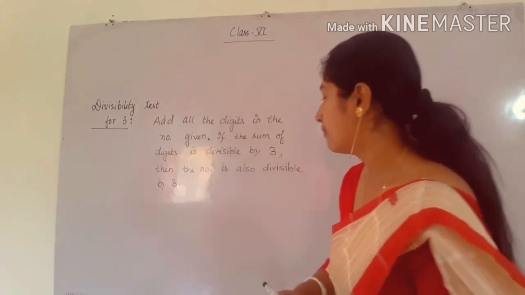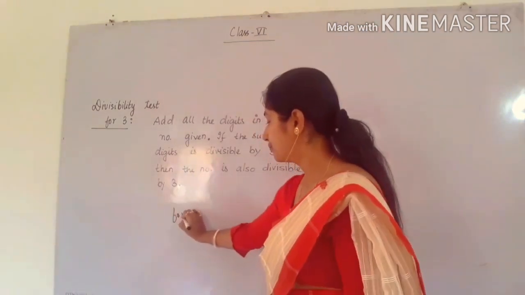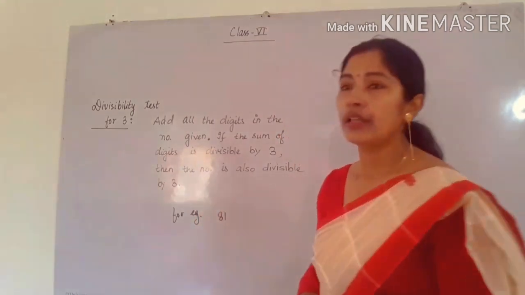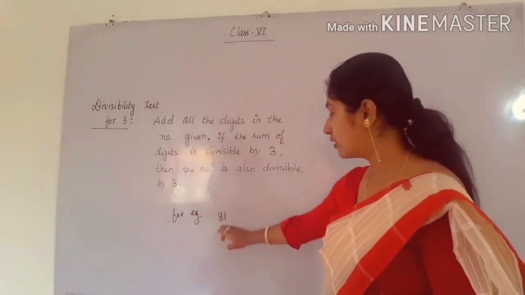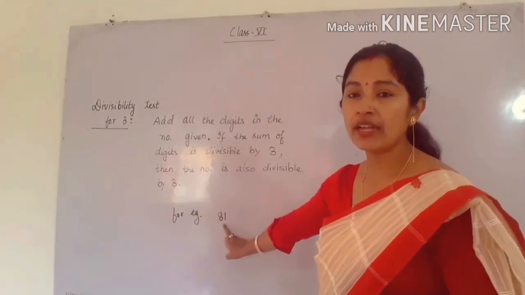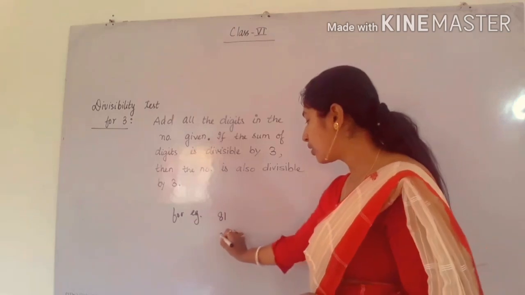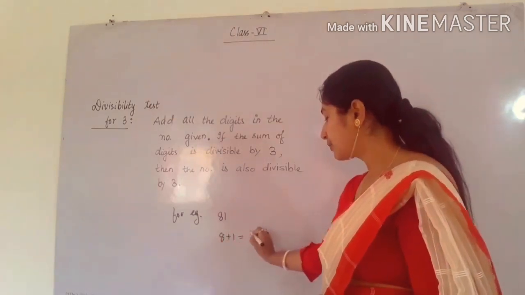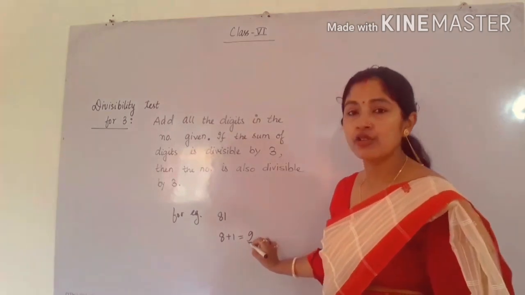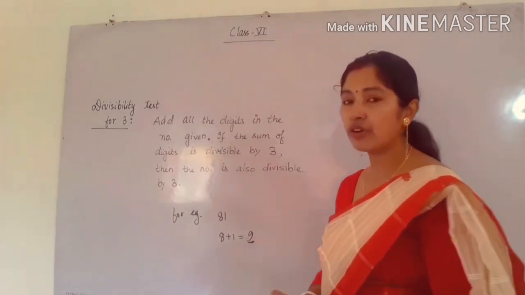For example, 81. If I have to check whether 81 is divisible by 3 or not, I have to add the digits in the given number. Here we have 8 and 1. You have to add 8 and 1. So 8 plus 1 is equal to what? 9. So the sum of the digits is 9. Is 9 divisible by 3 or not?